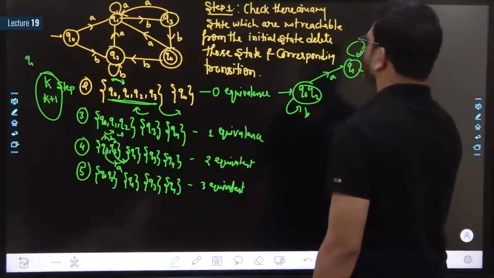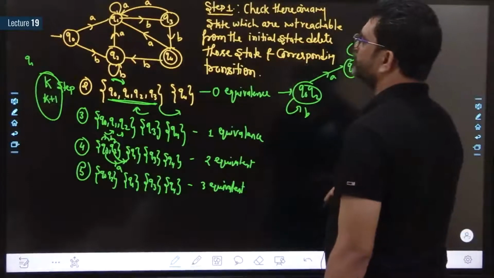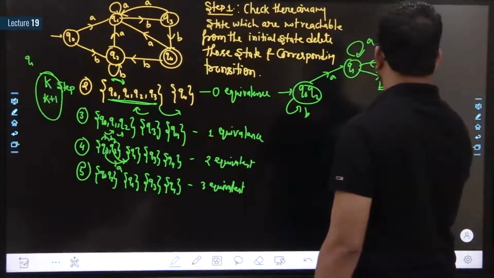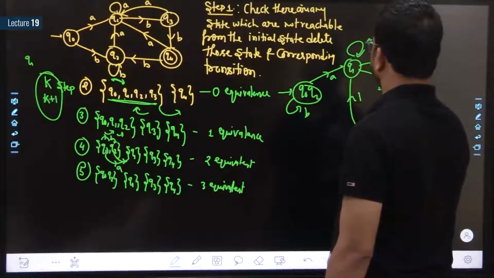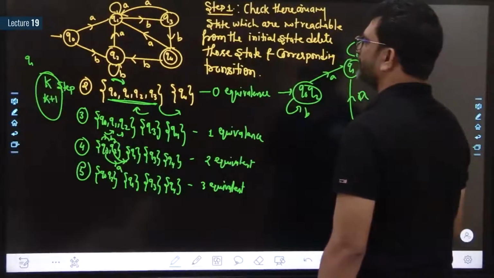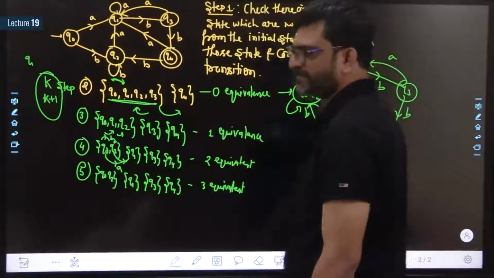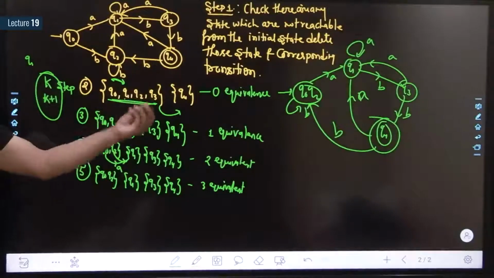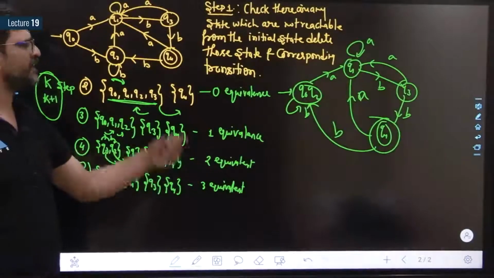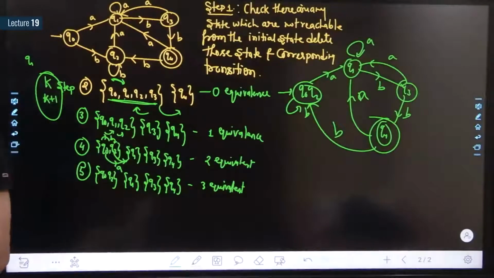Q3 on A, Q1. Q3 on B, Q4. Q4 on A, Q1. Q4 on B, Q02. This is the minimized DFA. The minimal DFA contains 4 states, while the original DFA contains 5. Clear? Please check this.